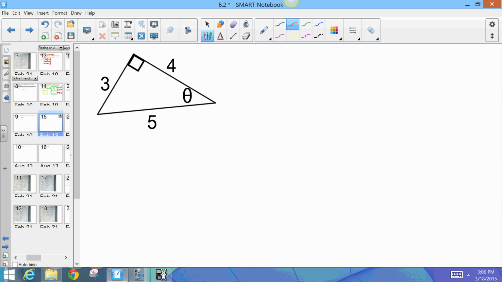Okay, so here's a new triangle. You don't have to do all 3 trig functions. Just pick one. Pause the video, try it yourself, and then restart to check your answer. All right, so I'm going to do sine. Sine is opposite over hypotenuse. That's 3/5.